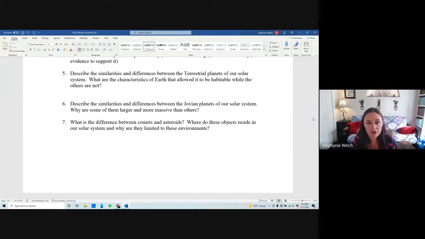So similarities and differences between the terrestrial planets. The first thing that you need to know for this question is, what are the terrestrial planets? They are, in increasing distance from the sun, Mercury, Venus, Earth, and Mars.